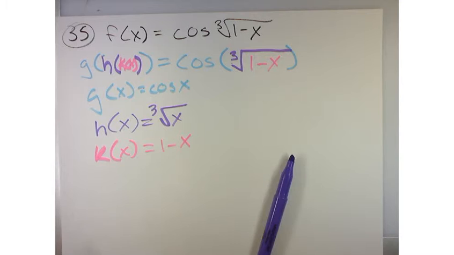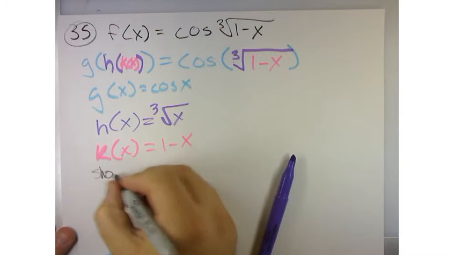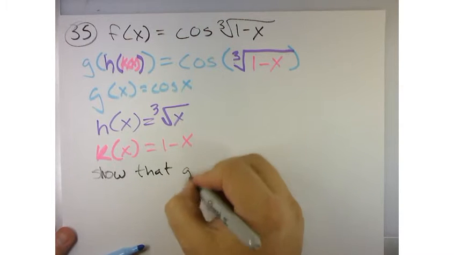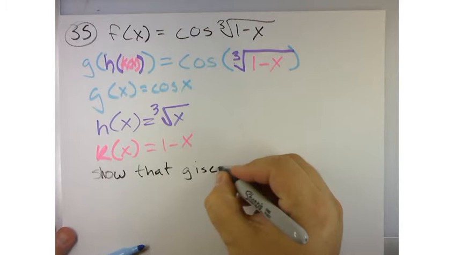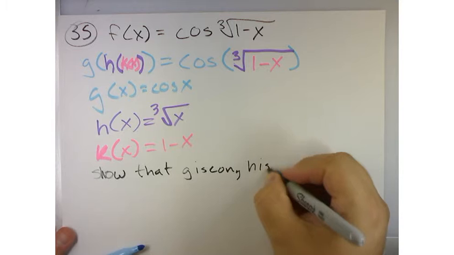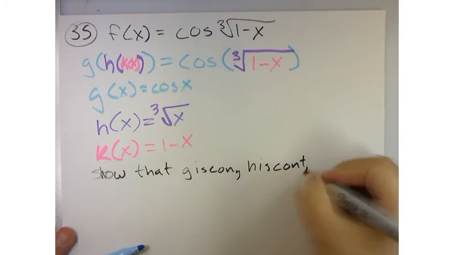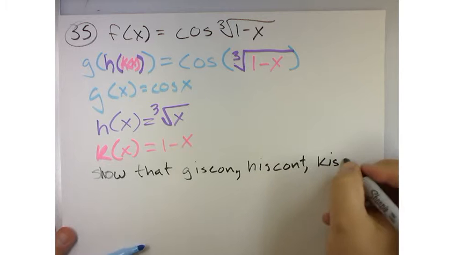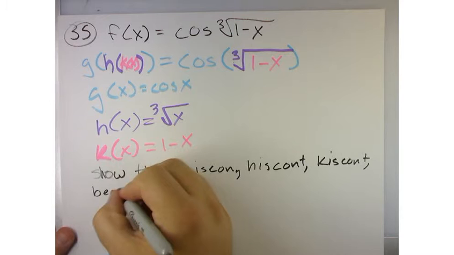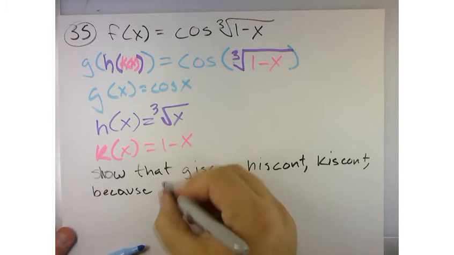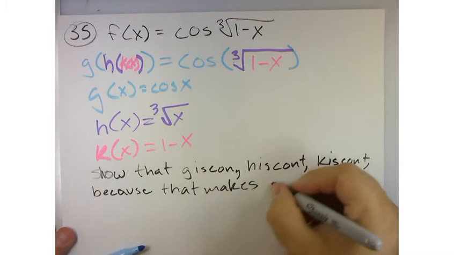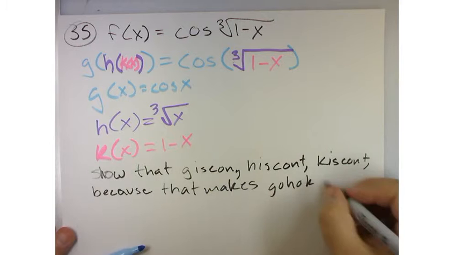I have to show that g is continuous, h is continuous, and k is continuous. Because that makes, this is very informal language, g of h of k continuous.